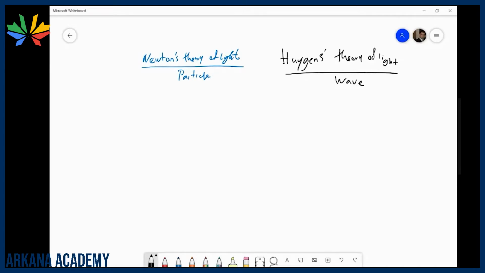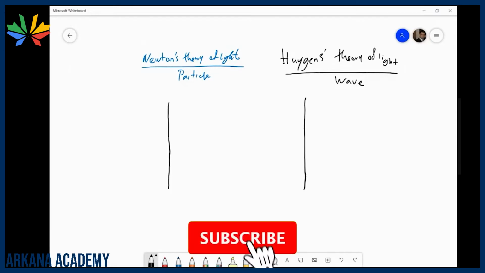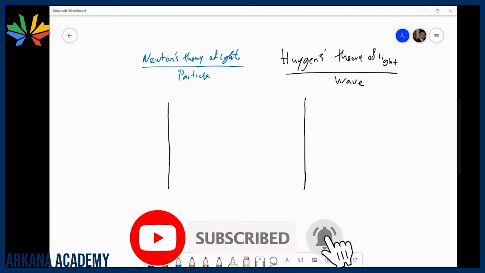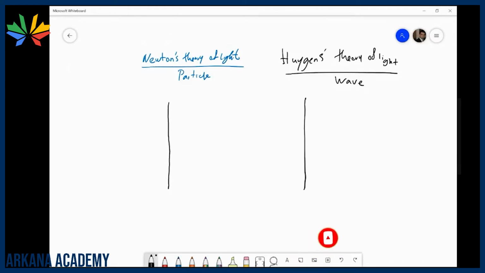I'm going to do Young's experiment, which is the critical point in changing the idea of the principle and theory of light, in accordance with both Newton's theory and Huygens' theory.